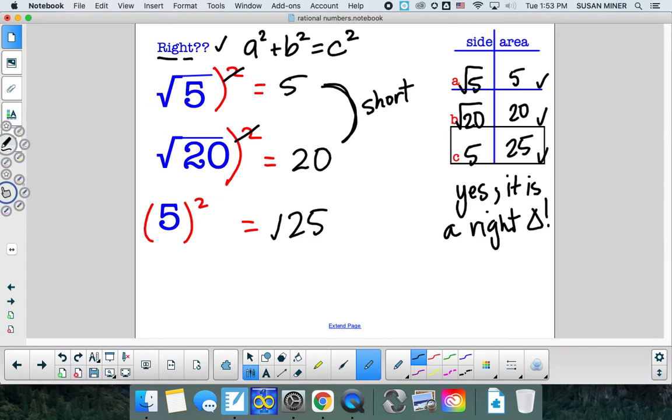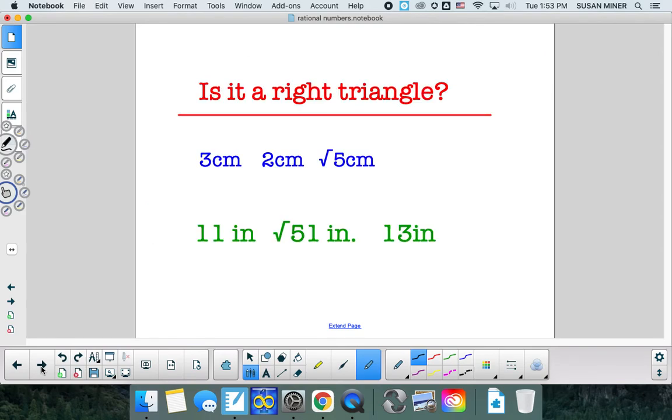So the other way I could do this is first turn them into decimals and find my two shortest sides. But I always have to make sure that my two shortest sides add up to my longest side. And I have to make sure that I'm adding the two short sides together. The two short areas or the two small areas together. That's what I'm looking for.